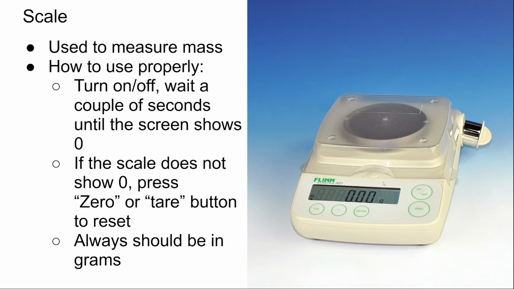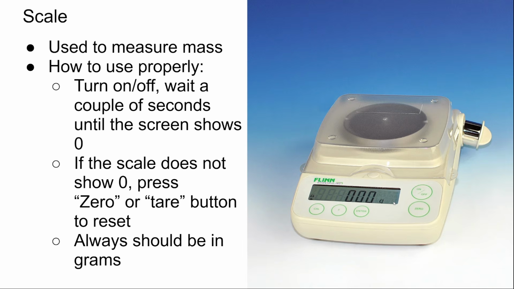That is the most important thing, because a lot of the time students end up measuring the mass of things before it reads 0, and that ends up recording a wrong mass. Sometimes when it starts off, or throughout the lab, when you have nothing on the scale, it does not read exactly 0.00.